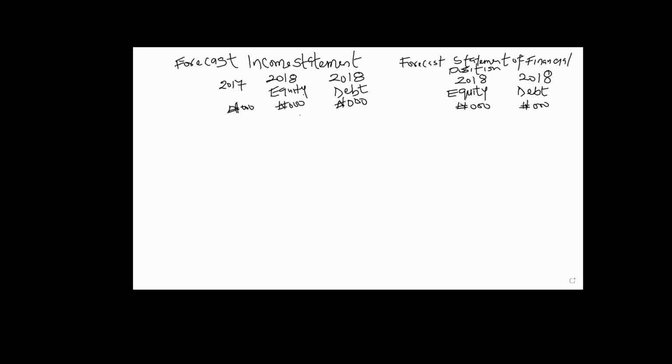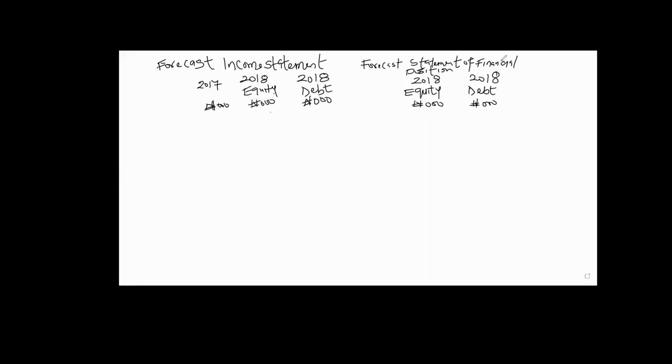Can we see it? Can we see the revenue? Yes, can we see that revenue? 2017 revenue. What was the figure? If you have the question, can you tell us the revenue? 2017. Look at the income statement.